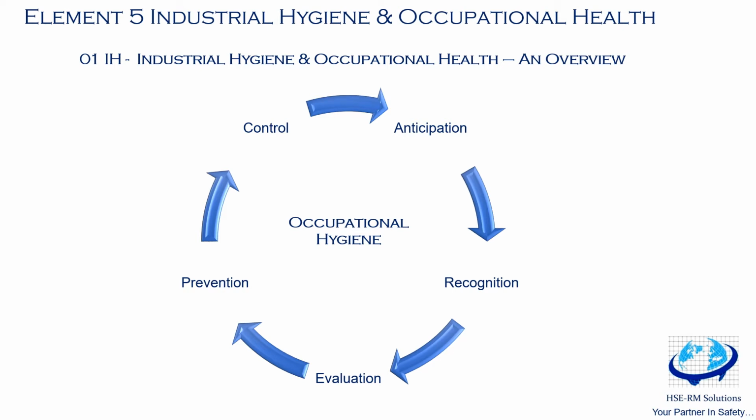Now you must understand what occupational health is. So we have understood anticipation, recognition, evaluation, prevention and controls. But what is occupational health? Occupational health primarily deals with all aspects of health and safety in the workplace and has a strong focus on primary prevention of hazards.